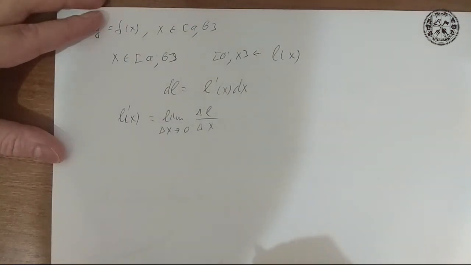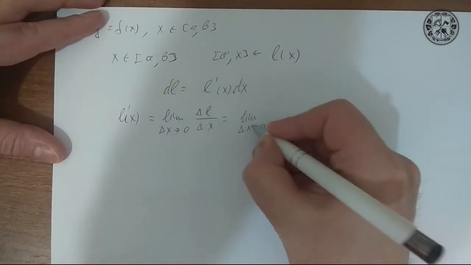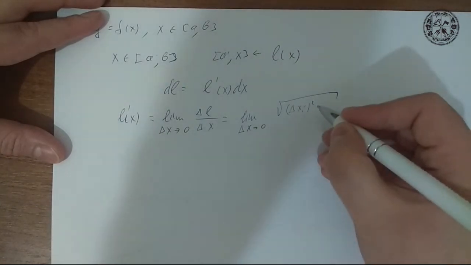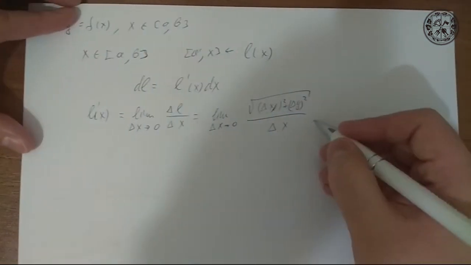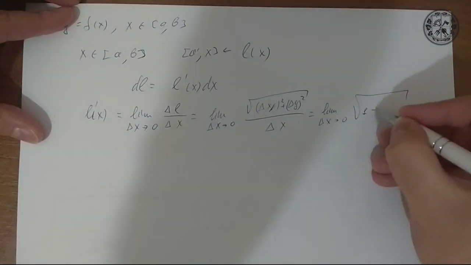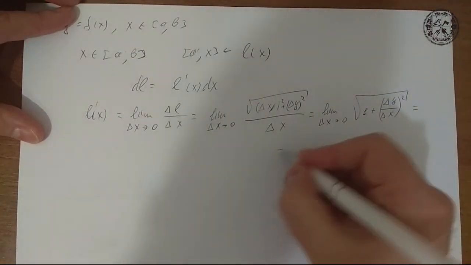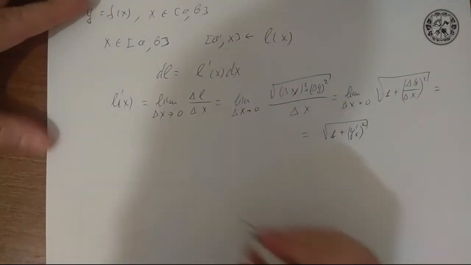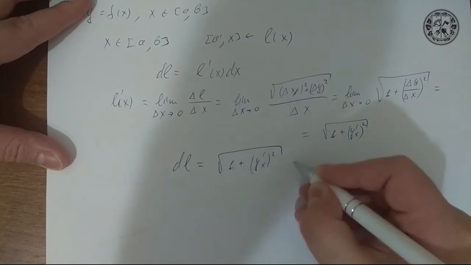Delta L is square root of delta x square plus delta y square, over delta x, which will be limit delta x to 0 of square root of 1 plus delta y over delta x square, which is the same as square root of 1 plus y prime of x square. So dl will be square root of 1 plus y prime of x square dx.